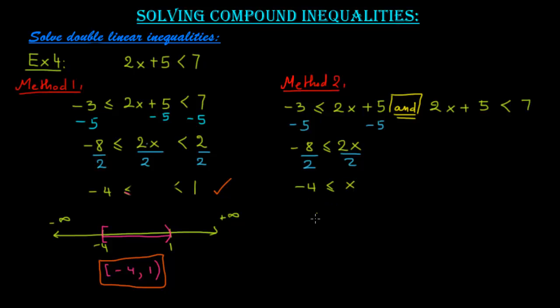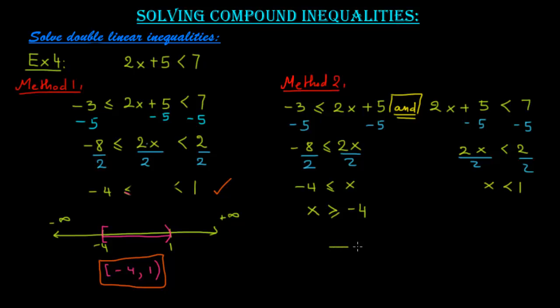Since we always want x to stay on the left so that I can apply the arrow hat method, I'm going to reverse the whole thing: x greater than or equal to -4. Now on the right side, isolate the x by subtracting 5 on both sides. We will have 2x less than or equal to 2, and divide by 2 on both sides. We will have x less than or equal to 1.